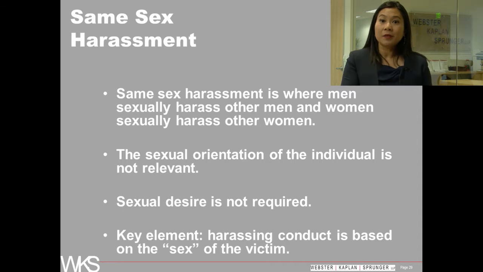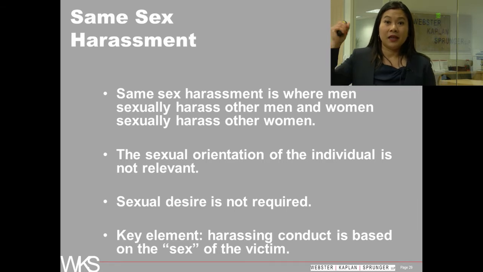In some circumstances, like quid pro quo, perhaps sexual desire is present, where a supervisor is asking an individual out. But what about scenarios where an employee continues to view pornography on the company computer system and the individual sitting right behind them is viewing pornography because of that particular individual?